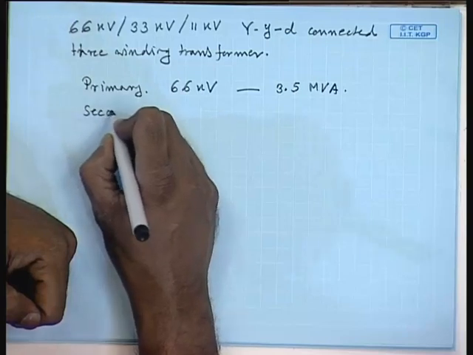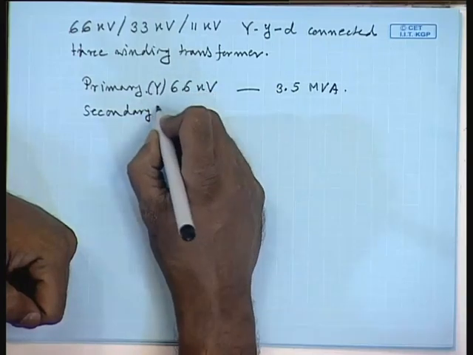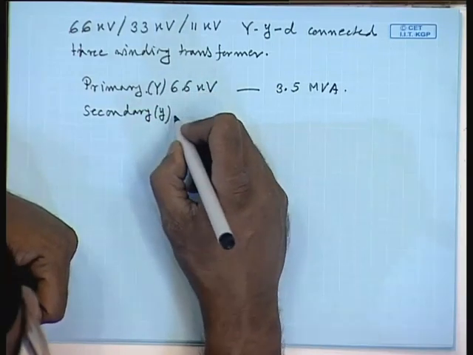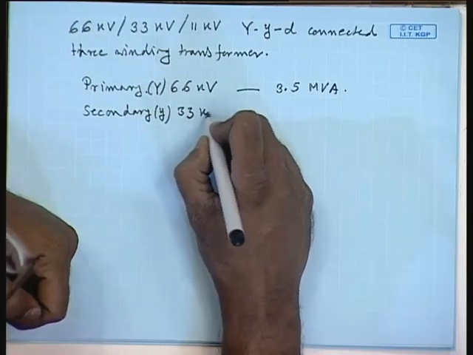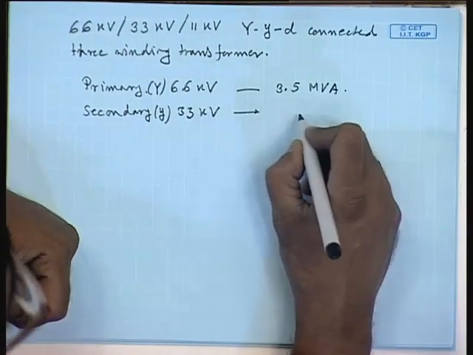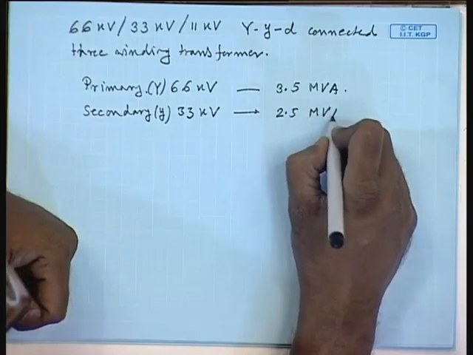Secondary, this is Y connected, this is also Y connected, this is 33 kV and its KVA rating is 2.5 MVA.